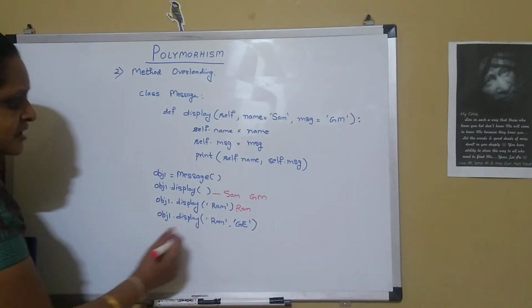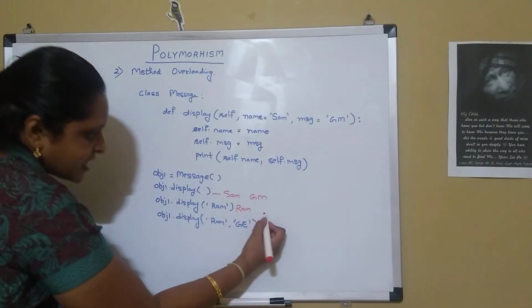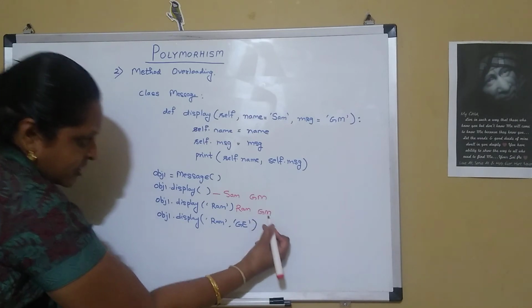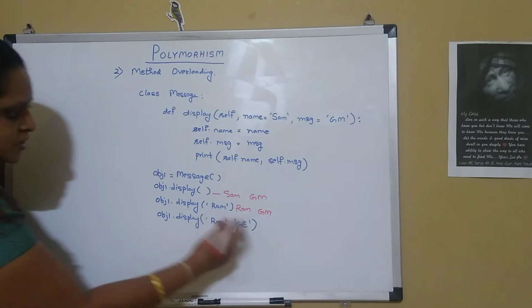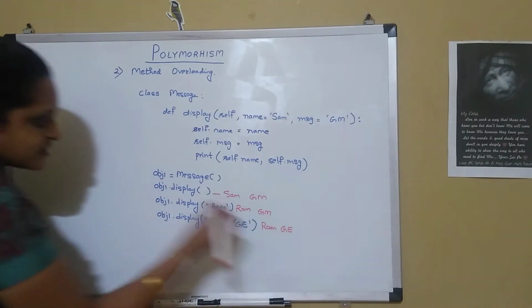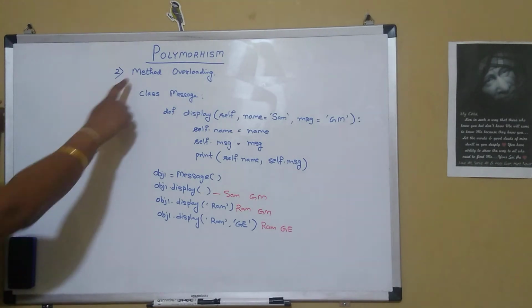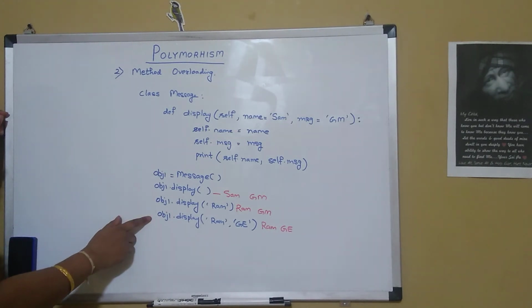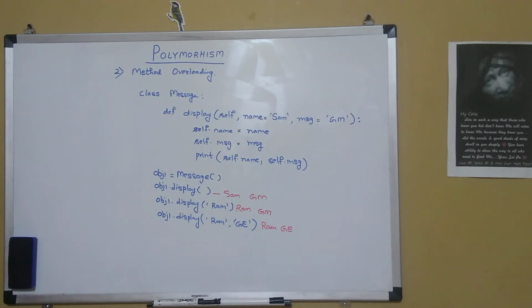The second argument I am not passing, so it will take good morning as the second argument. In the third call, I am passing Ram as well as good evening, so it will take Ram and good evening. So friends, this is an example of method overloading, because the same method is being called in three different ways in three different scenarios. Hope it is clear to you, the operator overloading and the method overloading.